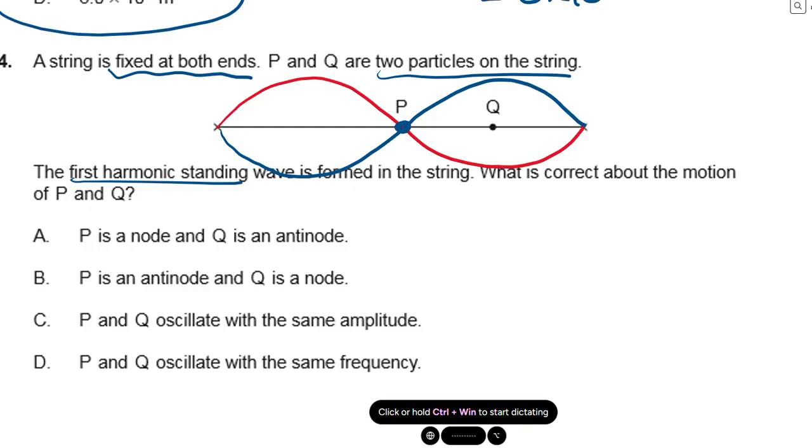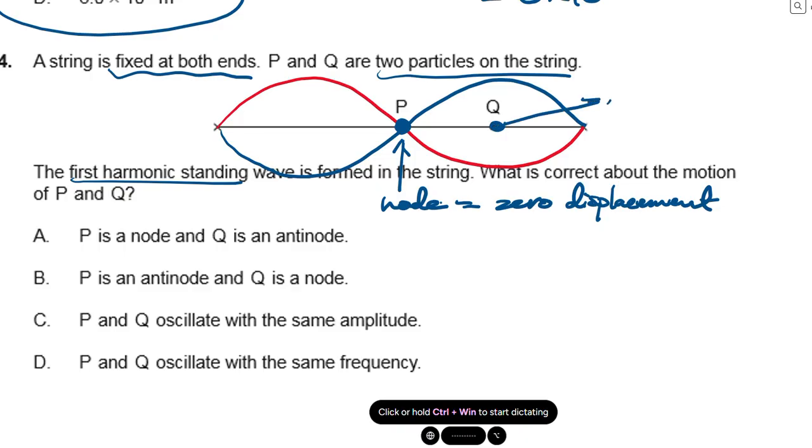So this is our node, which has 0 displacement. Node is equal to 0 displacement, and antinode is equal to max displacement.